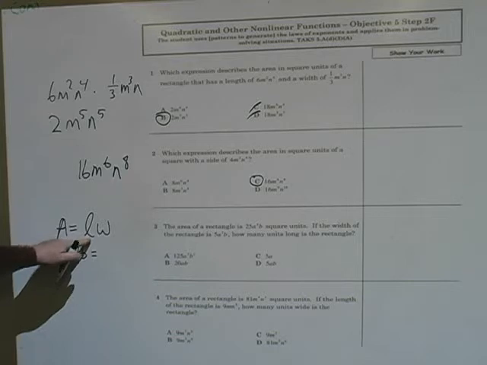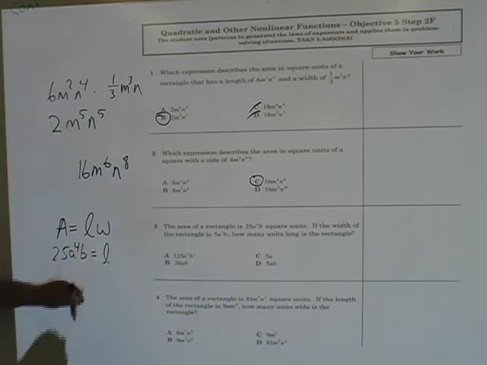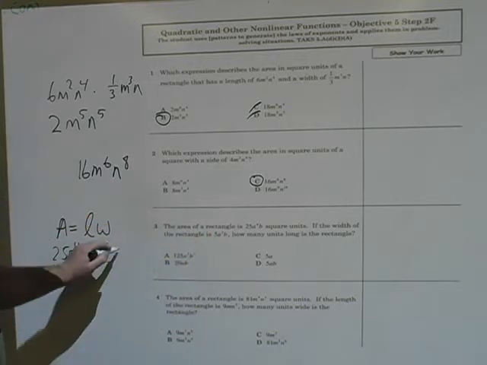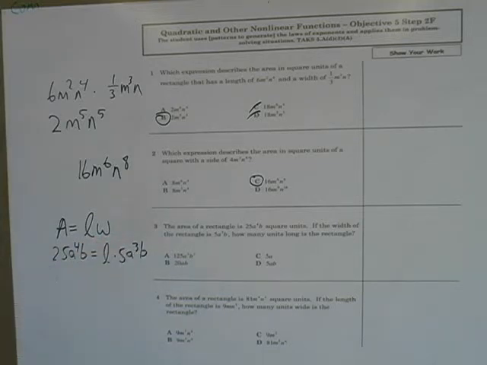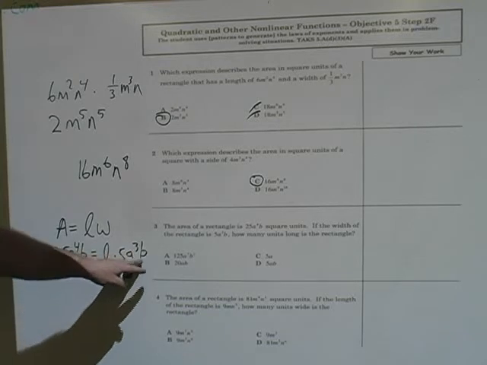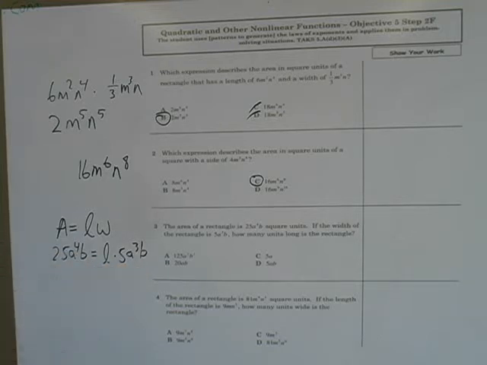We don't know the length, but we do know the width. Okay? Just like before, when we're given the area and one of these numbers over here, we know we need to divide. So divide these two.